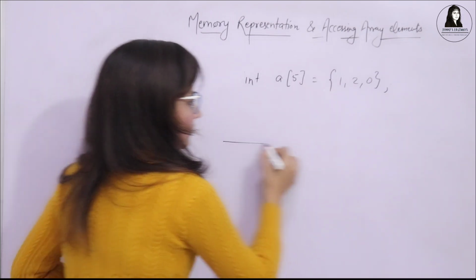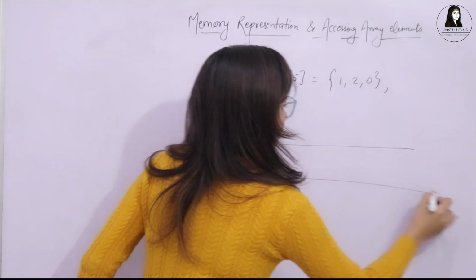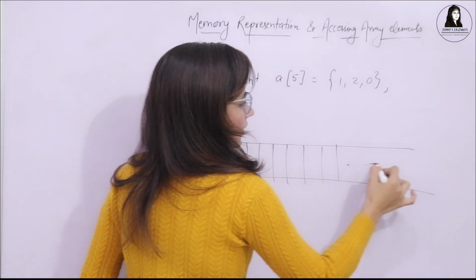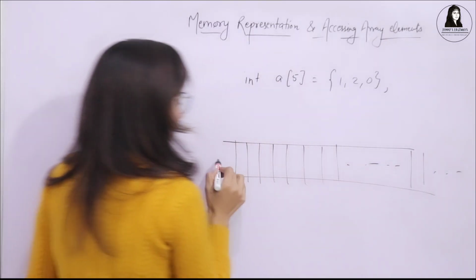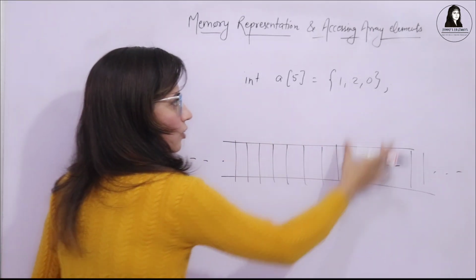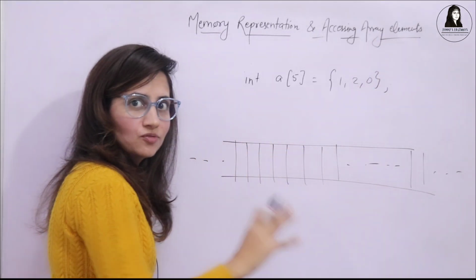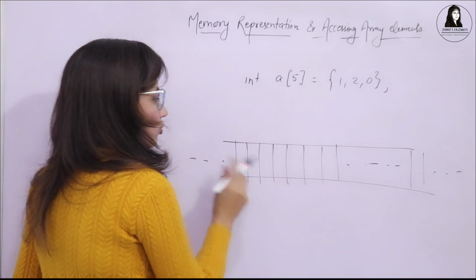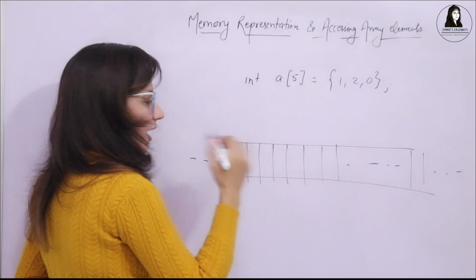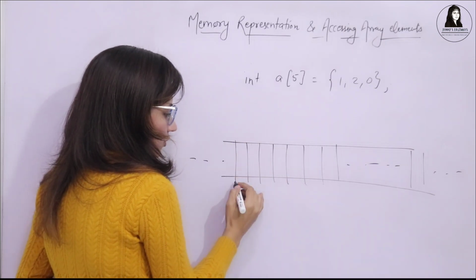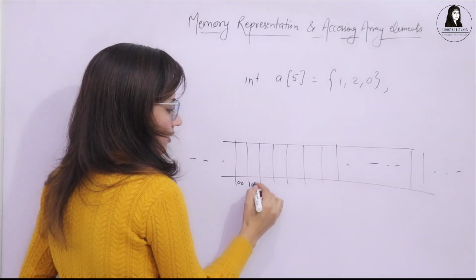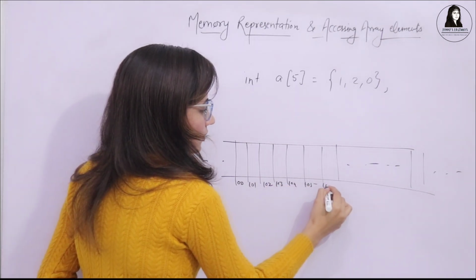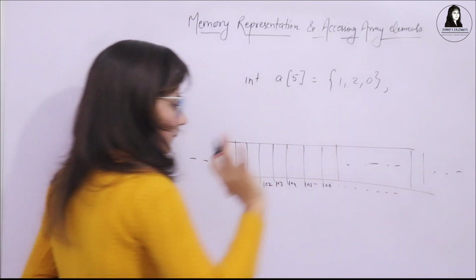So we have memory blocks, right? Something like this. You can represent this horizontally or vertically, it's up to you. I'm comfortable with this thing horizontally, right? So suppose 1 byte, I don't know the address. Suppose the address of this 1 byte I'm taking 100, 101, 102, 103, 104, 5, 6, something like this, right?